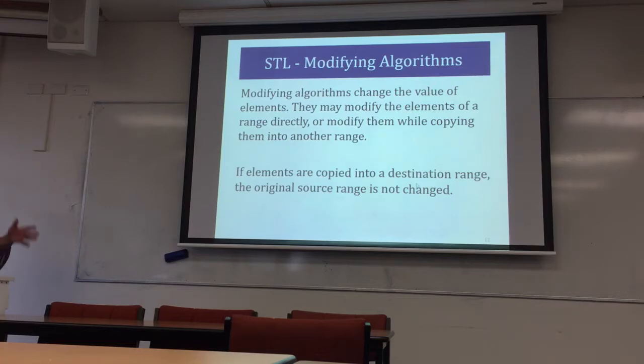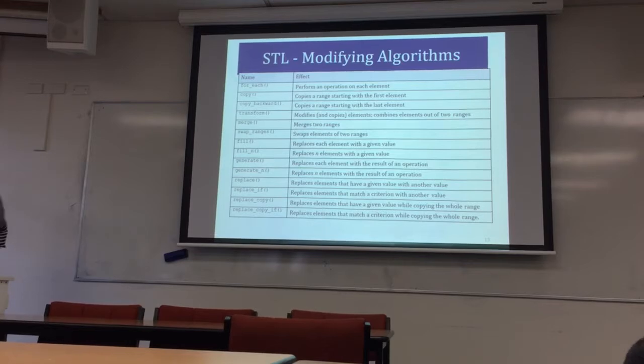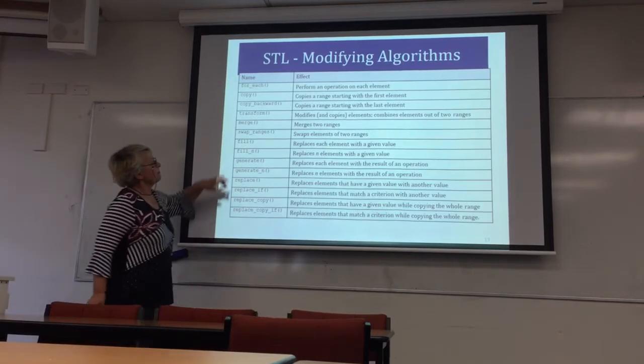In this case, both the original range and the destination have to be specified to the algorithm. And again, for each, copy, copy backward, we will look at copy because it's a very cute and useful algorithm.